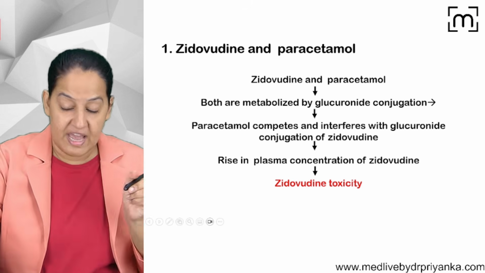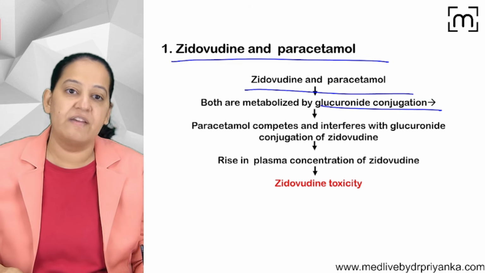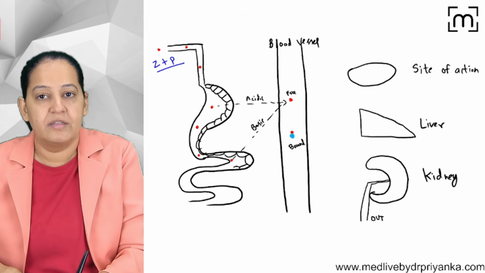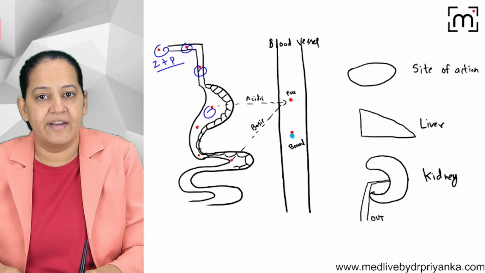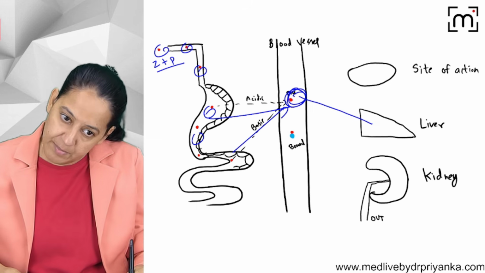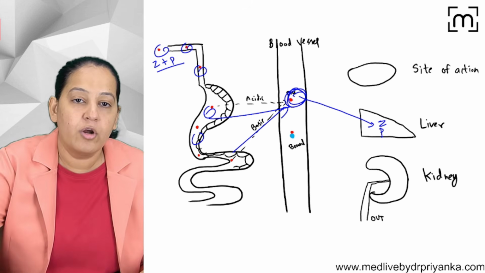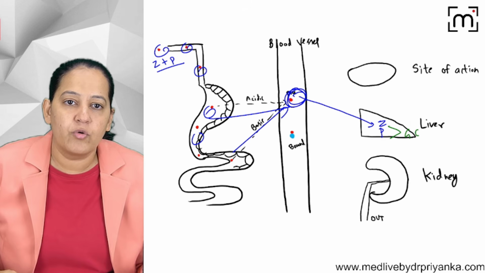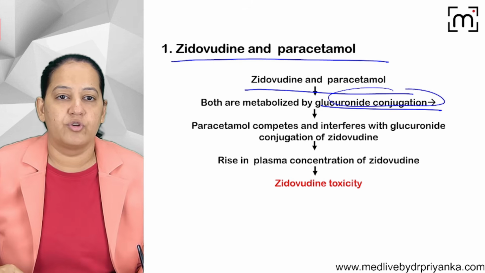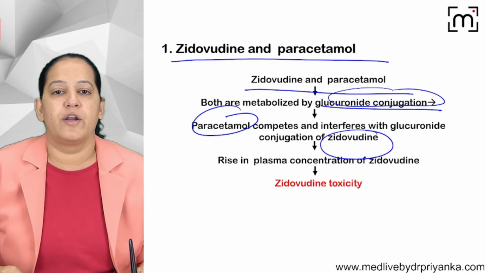The first one, never give Zidovudine with paracetamol because Zidovudine and paracetamol both are metabolized in the liver by glucuronide conjugation. If you are giving Zidovudine and paracetamol together, they both get absorbed and go in the blood. From the blood, both of them go in the liver, and they compete for glucuronide conjugation, and paracetamol interferes with the glucuronide conjugation of Zidovudine.